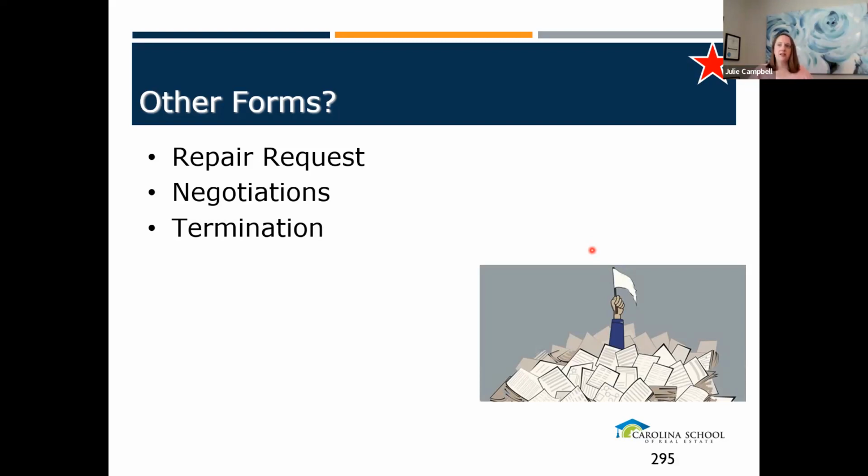So a lot of these other addenda forms you're looking at, you'll meet in post. Again, in pre, we're just introducing you to it. So of all the forms that we have in pre-licensing, what I want you guys to focus on is our standard offer to purchase and contract, our exclusive right to sell listing agreement that's in Unit 8, and our buyer's agency agreement that's in Unit 8. The rest of the forms you'll meet in due time. Don't worry.